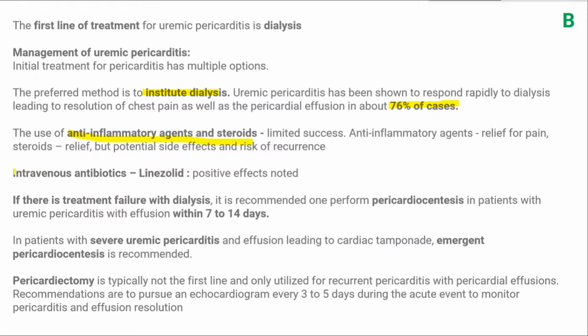Then intravenous antibiotics have been tried. Of that, linezolid is the most common drug of choice. If you don't have dialysis in the options though, the answer would be linezolid. So the first drug of choice antibiotic for uremic pericarditis will be linezolid. If there is treatment failure with dialysis, we'll go ahead with pericardiocentesis.